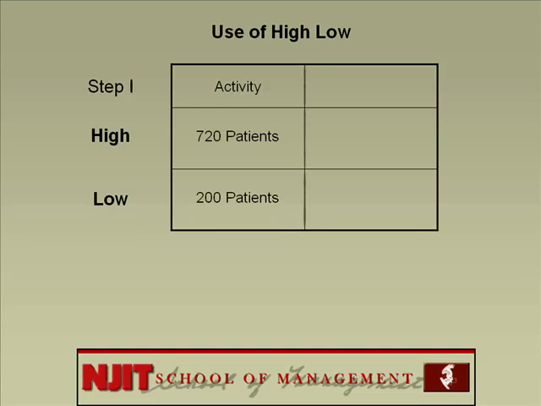When she treats 200 patients. The second step is for each activity, the high and the low, find out the related cost. What's the cost of serving 720 patients? 4,500. What's the cost of treating 200 patients? 1,900.